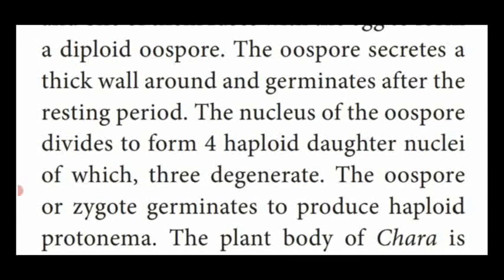The nucleus of the oospore, which is diploid, undergoes meiotic cell division to form 4 haploid daughter nuclei. Out of 4, 3 degenerate. Only one is functional. That oospore or zygote germinates to produce haploid protonema.